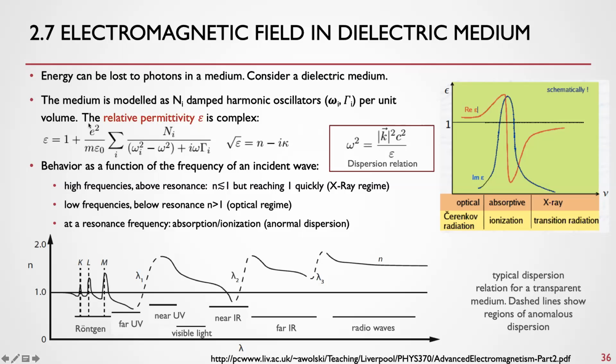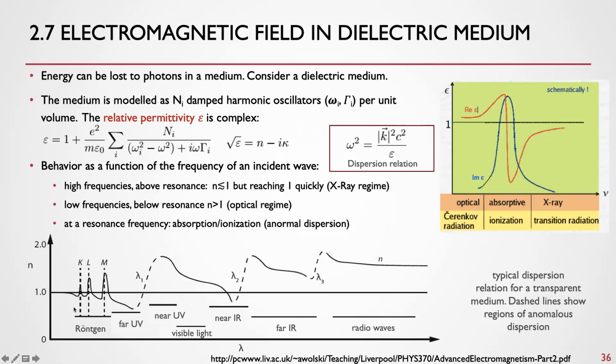What we can do is we look at the behavior of the permittivity and hence the electromagnetic field in the medium as a function of the frequency of the wave. The bottom plot here shows this behavior as a function of the wavelength. The top plot here shows the same behavior for a single resonance, but this is in terms of frequency, so they are reversed. High frequency means low wavelength and vice versa.